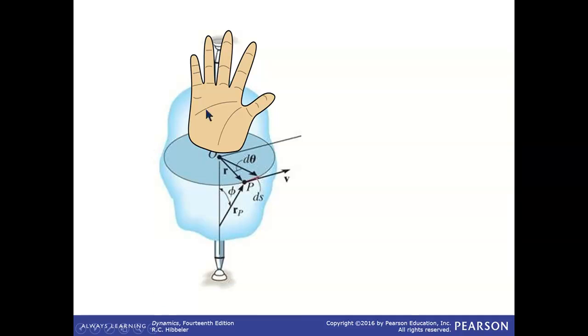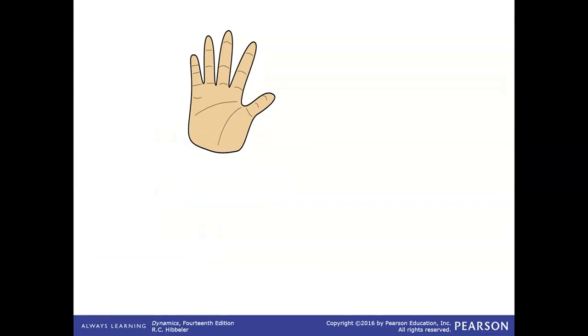Place your hand in the direction of the positive axis for omega, and then bend your fingers towards r. At that time, the thumb indicates the direction of positive velocity. You can see that the thumb points towards the right, and so does the velocity vector.